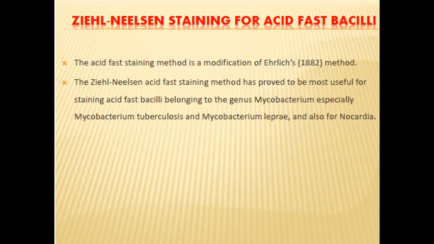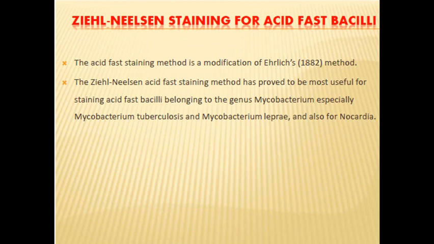Dear students, when we discuss the principle of this method, you know very well the mycobacterial cell wall contains a waxy substance composed of mycolic acid, which are beta hydroxycarboxylic acids with chain length up to 90 carbon atoms.